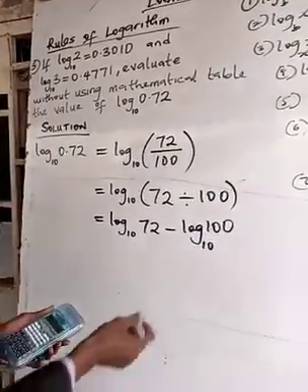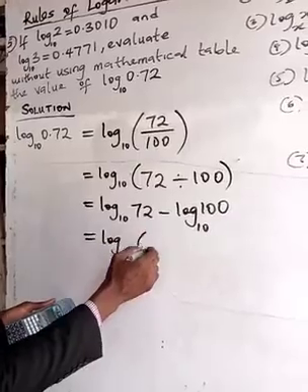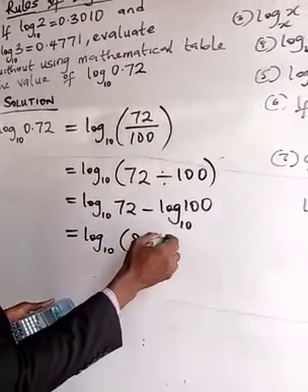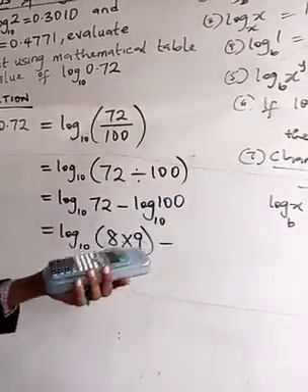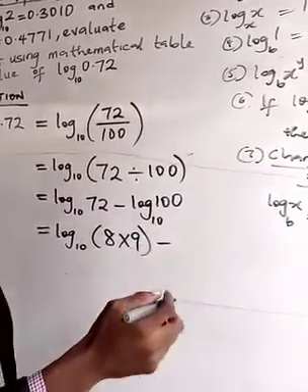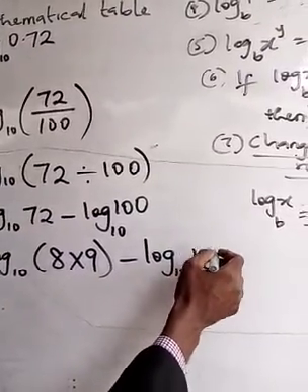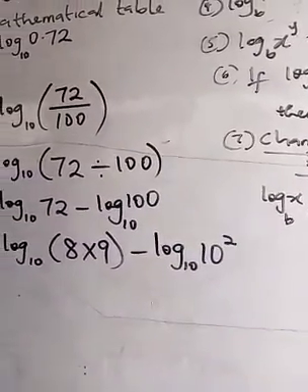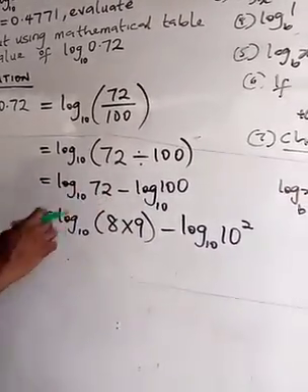So what I just did here is that this 72 is 8 times 9. You can break this down: this log 100 can be written as 10 raised to power 2, because 10 times 10 will give us 100, and 8 times 9 will give us 72.